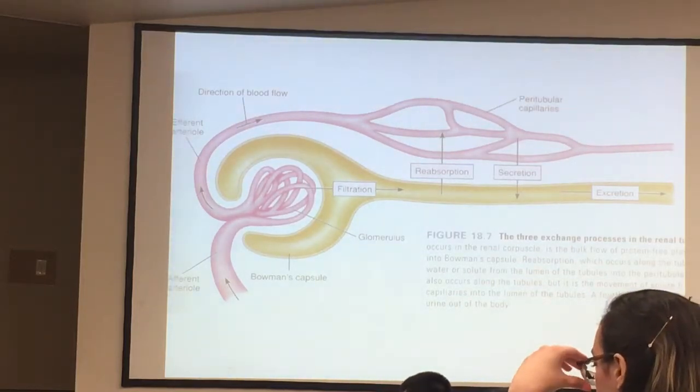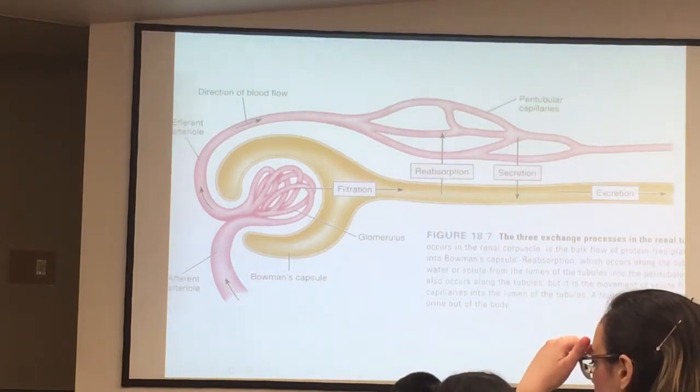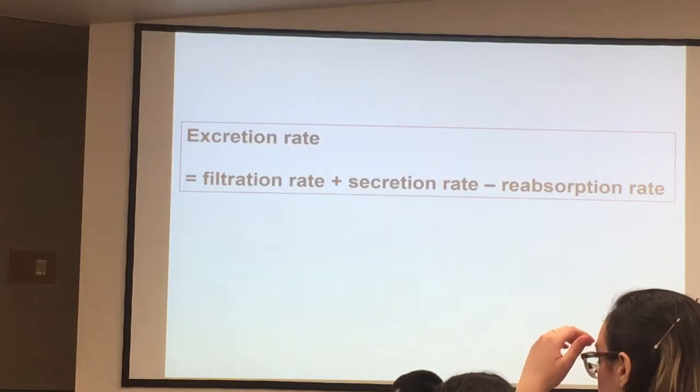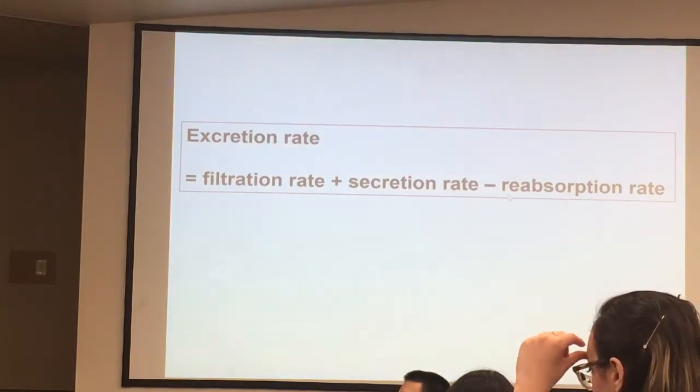So here is the fluid coming out, here is the urine formation, and it is very easy to know the excretion rate. Filtration means coming out of the glomerulus. Secretion adds something to the tubule, and we subtract the reabsorption.